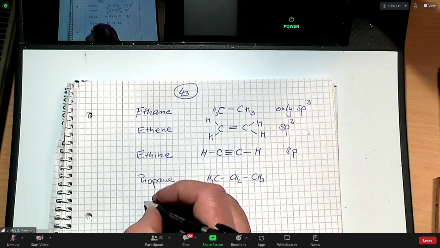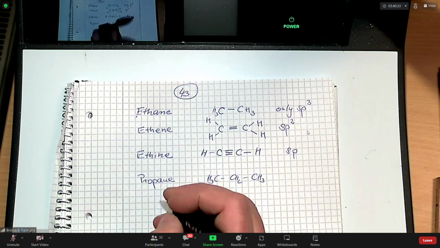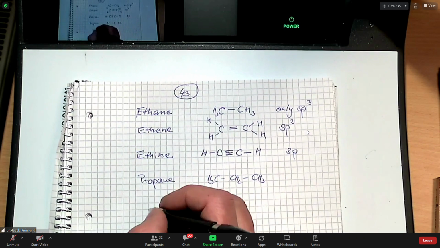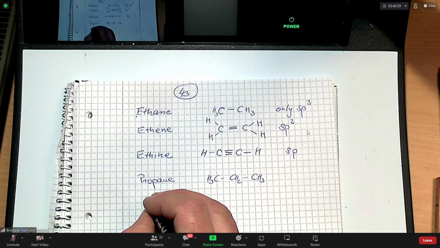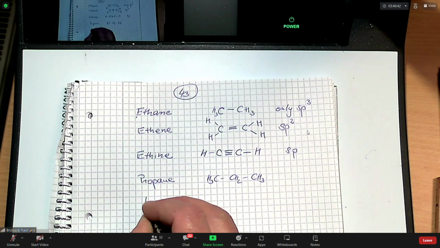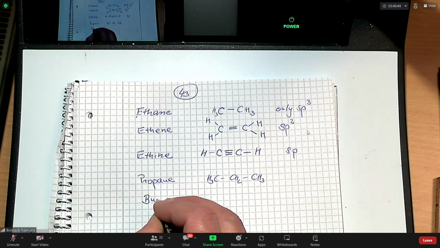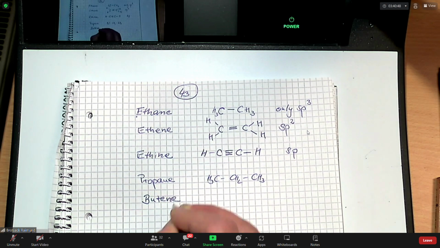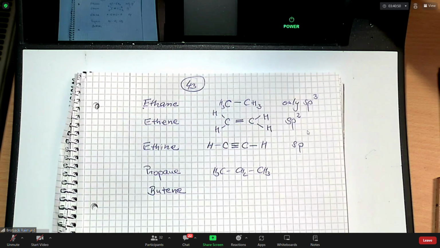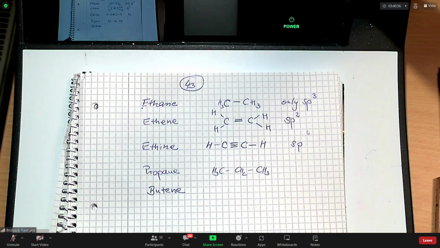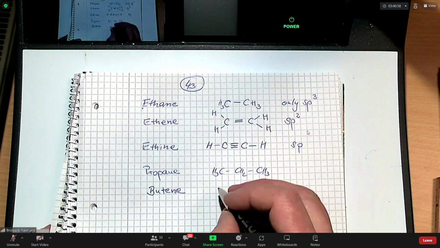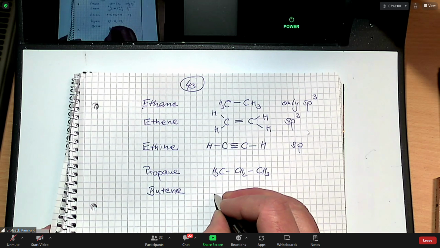Let's talk about another one. Let's talk about butane. Now, it might be problematic because we do not know where to place the double bond. We have two different options. We can say it is at the end.